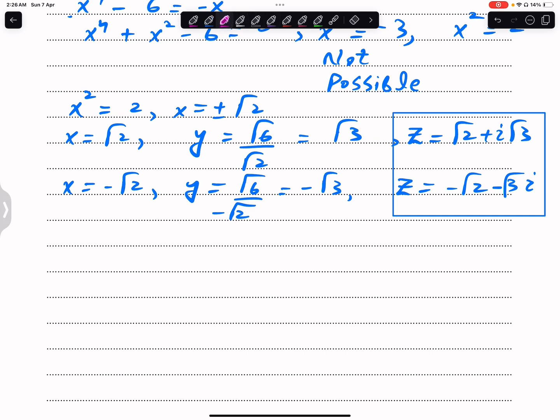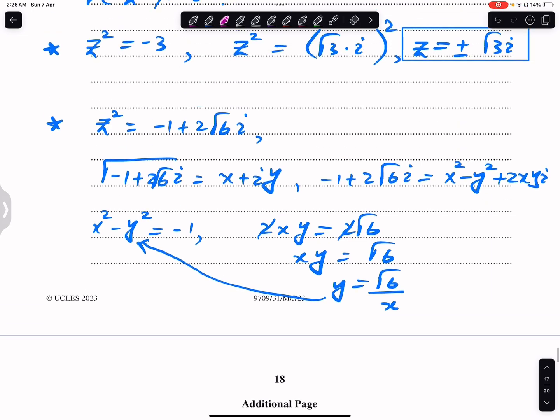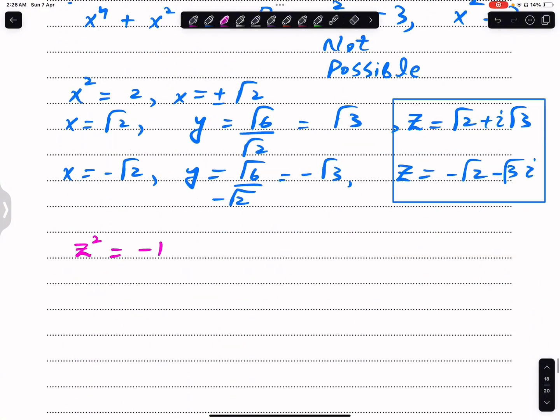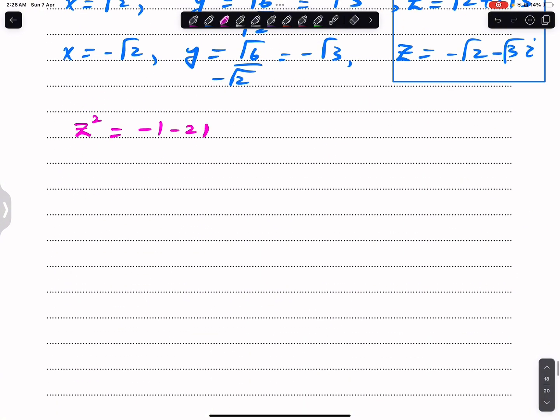Now lastly, students, you will again do z² is equal to minus 1 minus 2√6 i. Again you will find the square root of this.